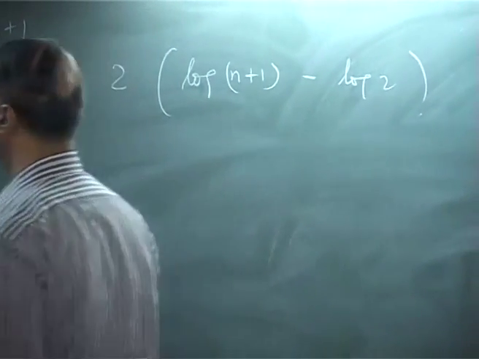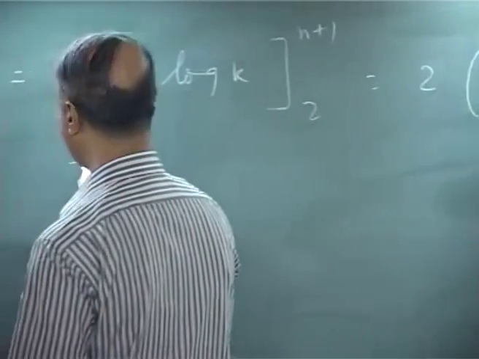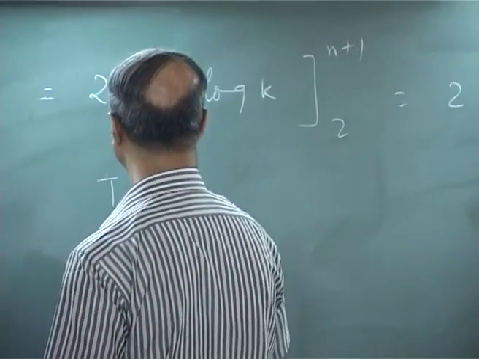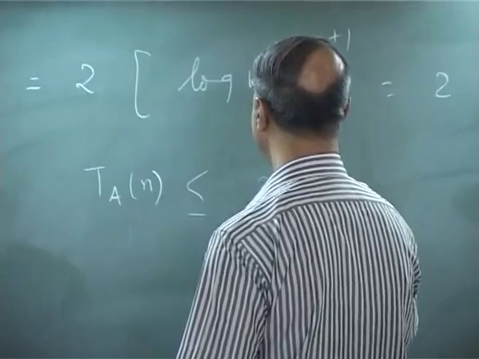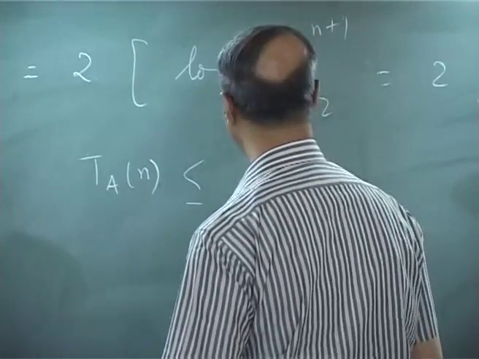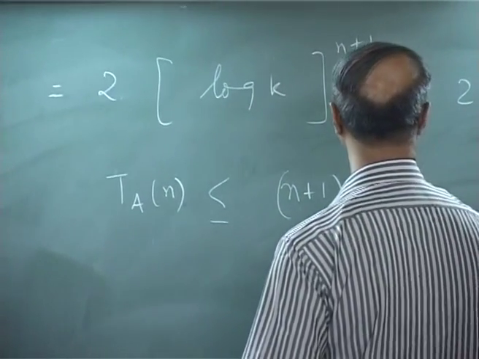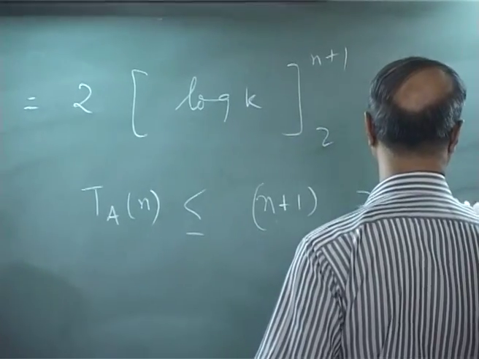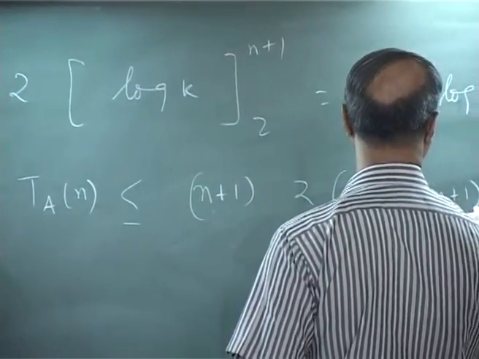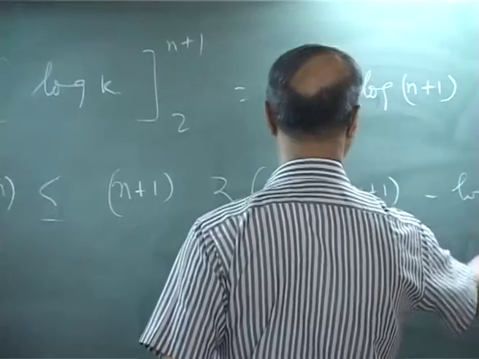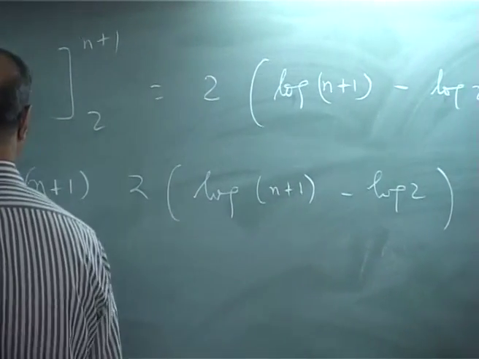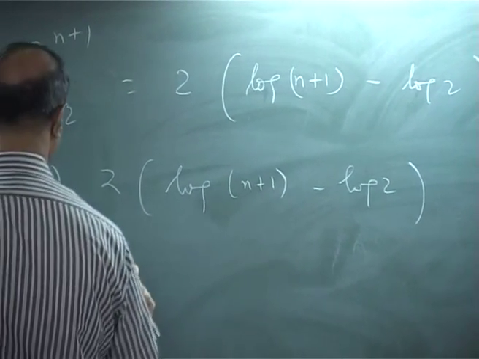Okay, so TA(n) is less than or equal to (n plus 1) into 2 times (log of (n plus 1) minus log 2), which is order n log n.